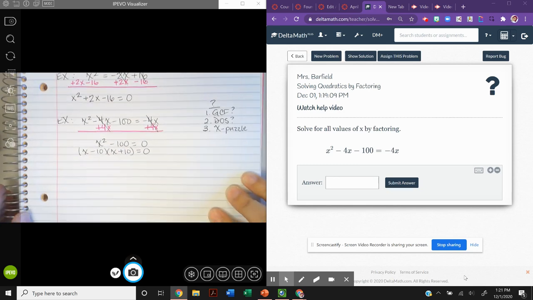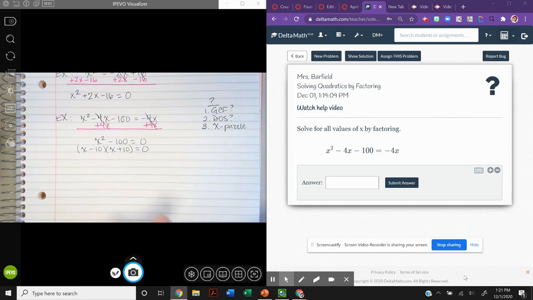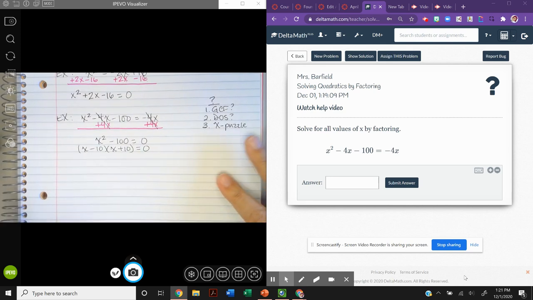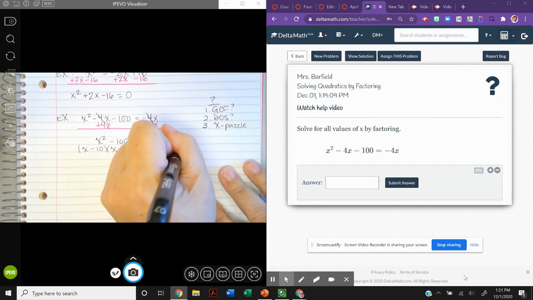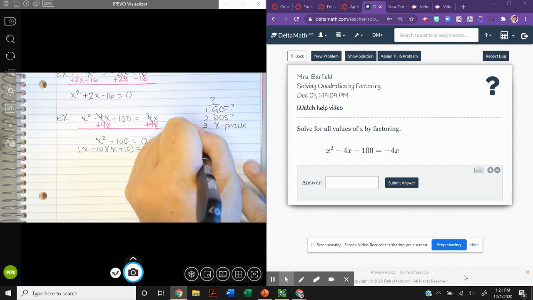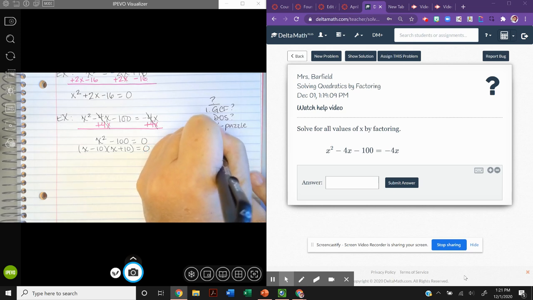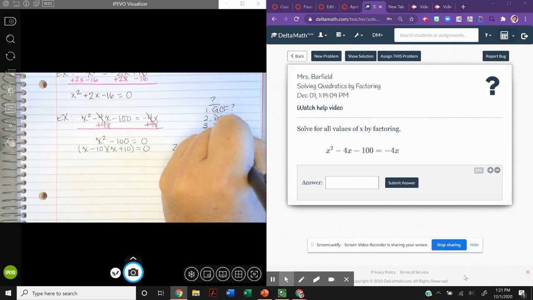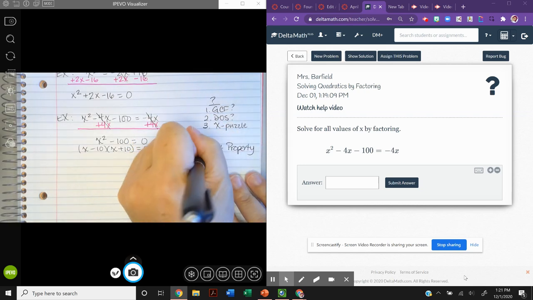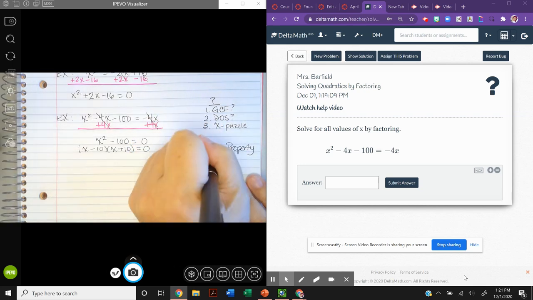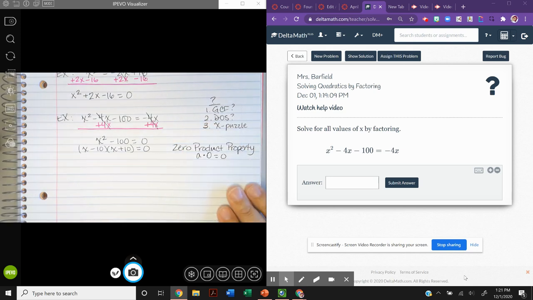Now that I have factored it, how do I solve it? Well, I want it to equal 0, so I'm going to use the idea of the zero product property. What that says is that anything multiplied by 0 is 0. So A, which is anything, times 0 equals 0.